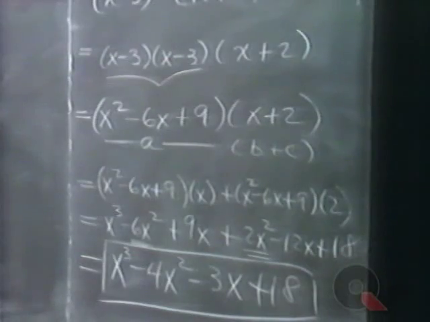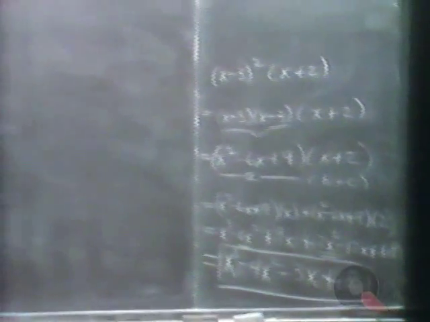Now let's take care of some division problems. Let's start with a polynomial divided by a monomial. This is done a special way when you have division by a monomial.